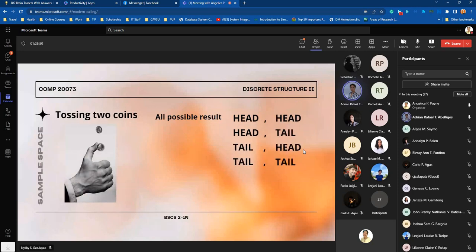So, in tossing two coins, yung mga all possible result niya ay head-head, head-tail, tail-head, and tail-tail. So, wala na pong ibang possible results. Diyan na lahat nakalista. Pero, pag nilista natin yung lahat ng possible result niya, ang tawag yun ay sample space.